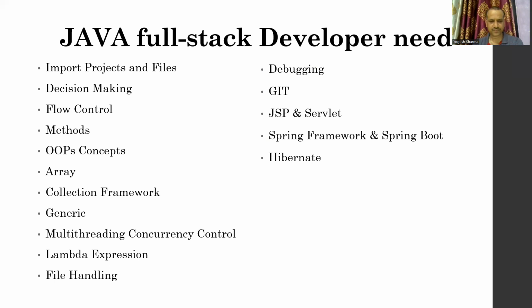And methods is another skill the developer should have. What types of methods are there, and what types of access modifiers we can use, like public, protected, default, and private.